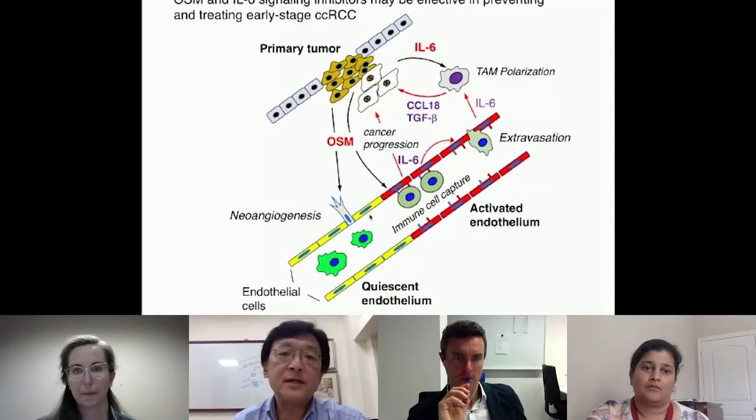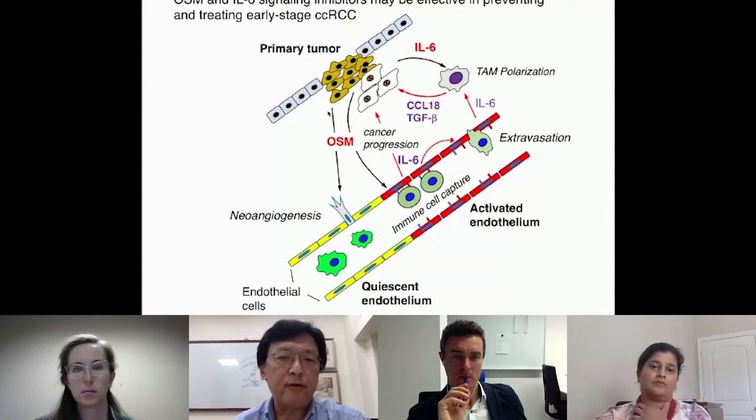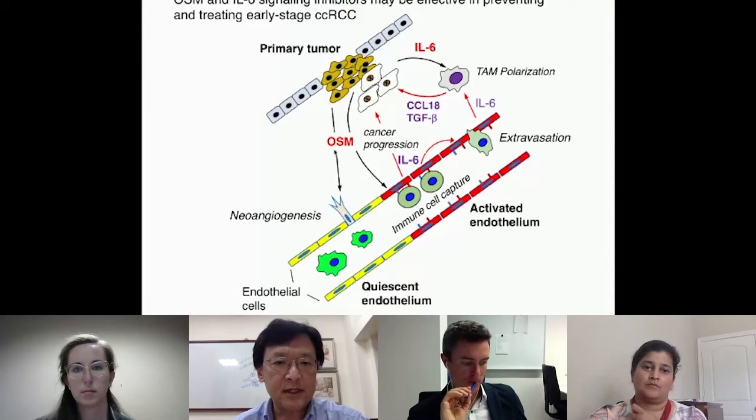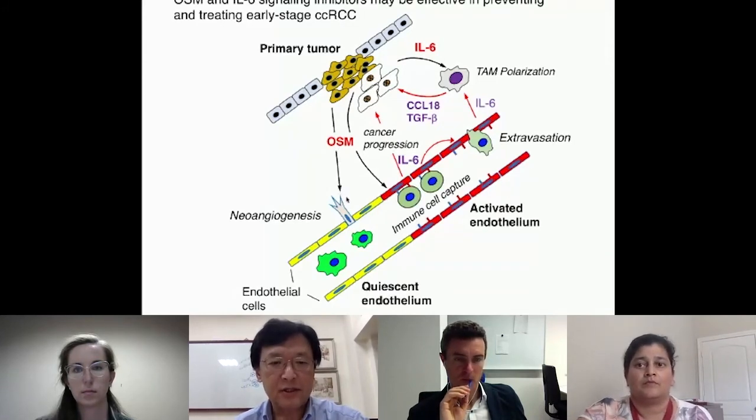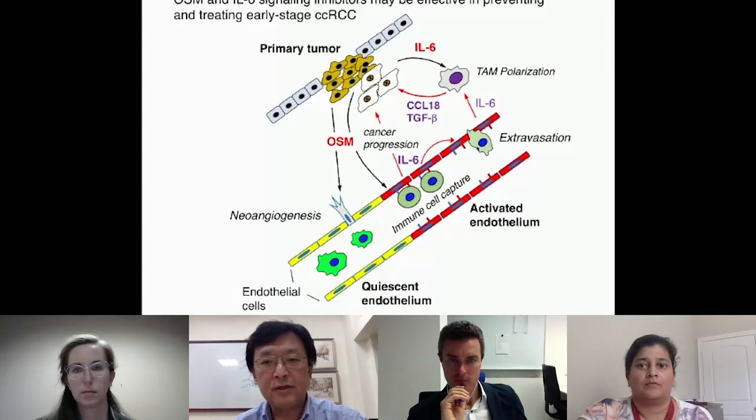So to summarize, what we show is that when there's a VHL mutation, these newly formed hyperplastic cells will secrete oncostatin M. Oncostatin M can induce neoangiogenesis, and then they can activate endothelial cells. These activated endothelial cells can capture the immune cells. They can promote the extravasation of the macrophages, and they also secrete IL-6.